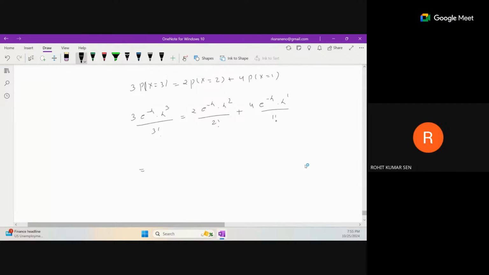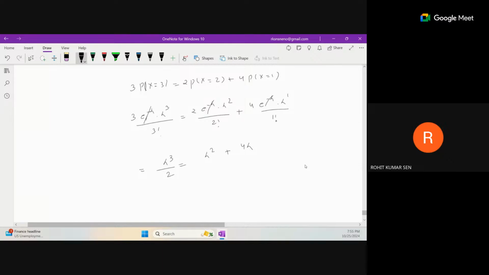It is going to be equal to what? e to power minus lambda we can cancel from everywhere. So 3 lambda cube by 3 factorial, so 3 will cancel and you will have lambda cube by 2 factorial, cancel, lambda square plus 4 into lambda, 4 lambda, right?